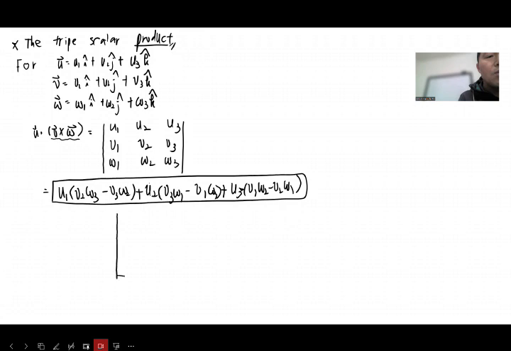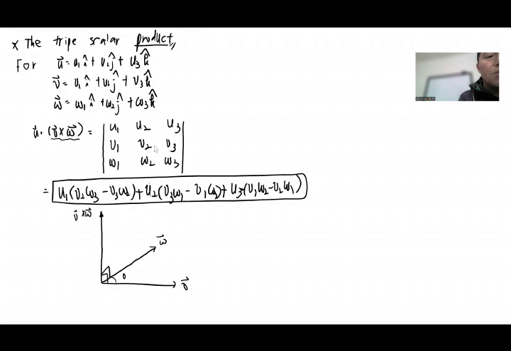Now you have two vectors. Okay, so let's take a look at the u and w vector first. If the v vector is in this direction and the w vector is in this direction, then the cross product of these two vectors should be in this direction, orthogonal to the v vector and w vector, which is v cross product w.